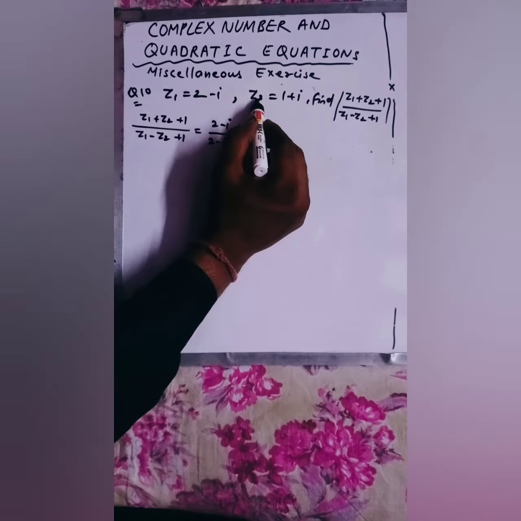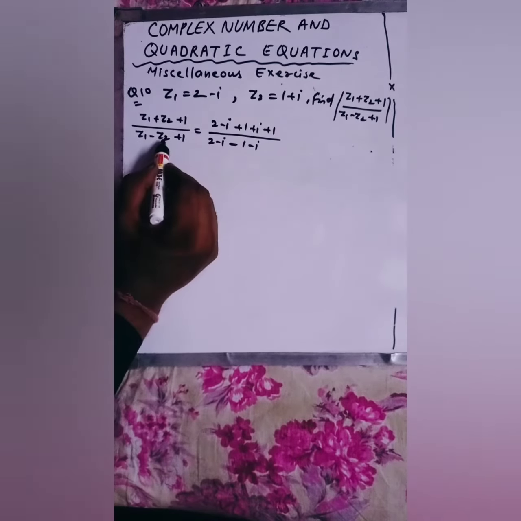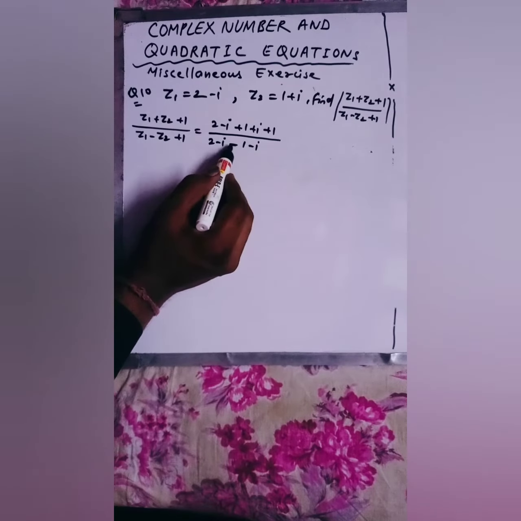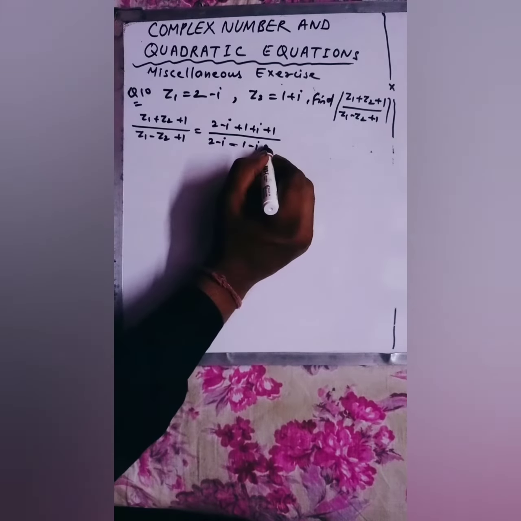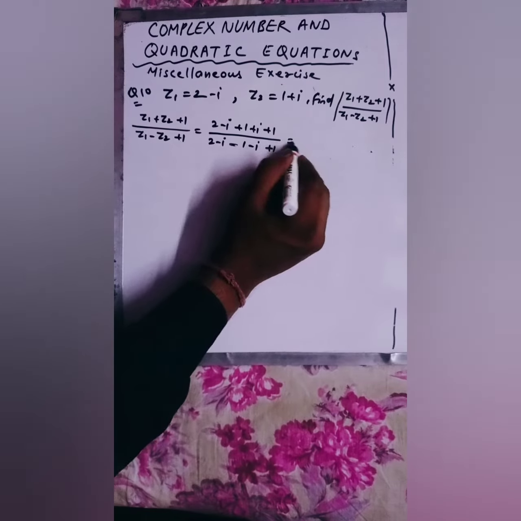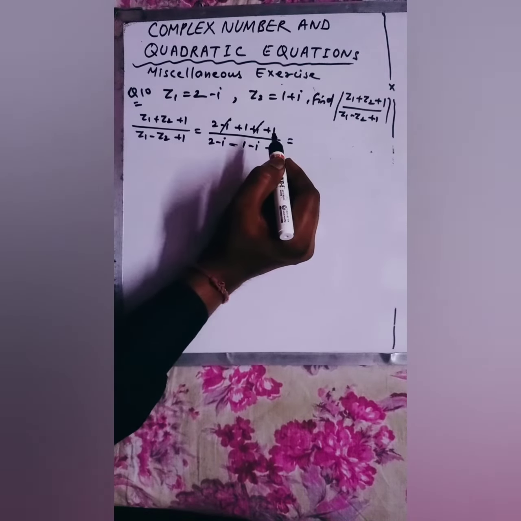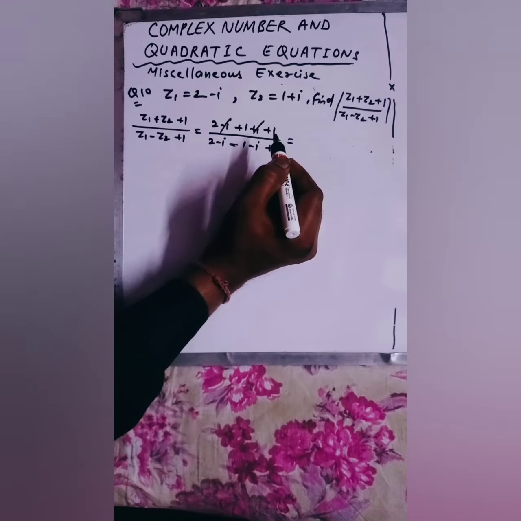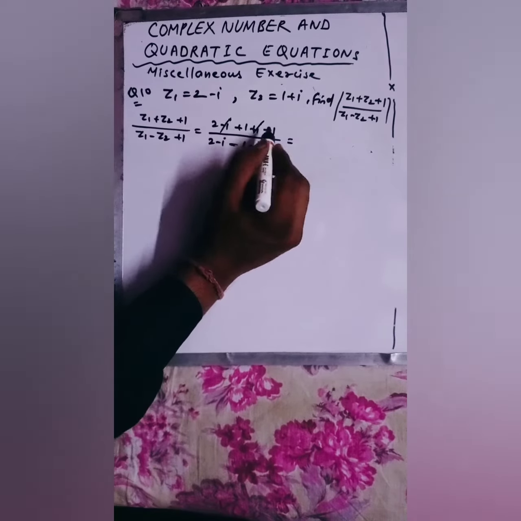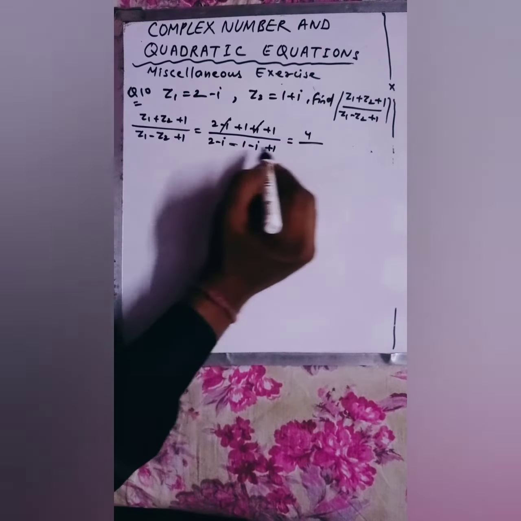When we put the value of z2 as 1 plus iota, in the place of 1 plus iota it would be 1 minus iota, because minus is outside. Then plus 1, and the iota and iota will cancel out, and you will get 2 plus 1 plus 1, that would be 4.